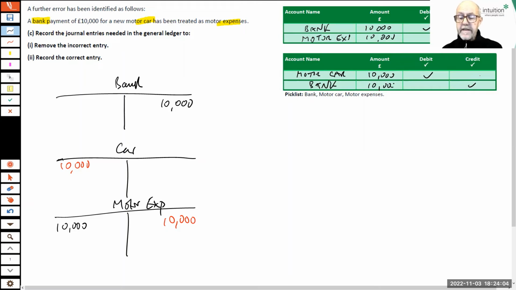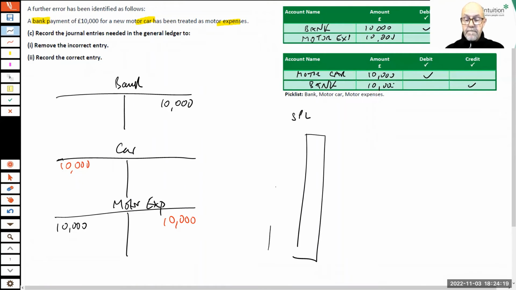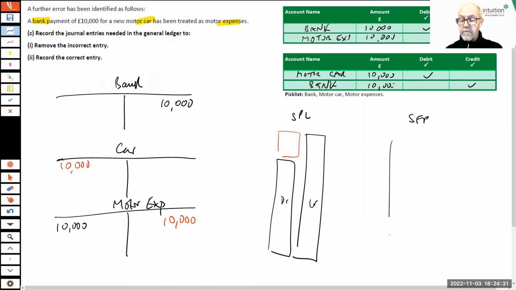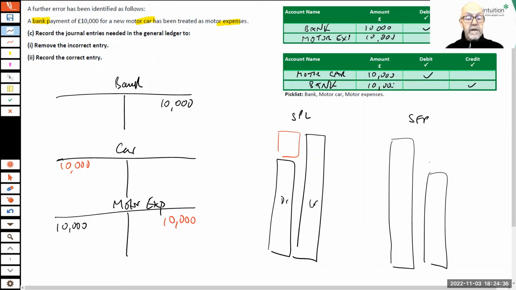Worth exploring perhaps why this matters. Remember we talked about in the statement of profit or loss, we said that the credits outweigh the debits, and that's our profit. And on the statement of financial position, we said the assets compared to the liabilities tells us our capital.